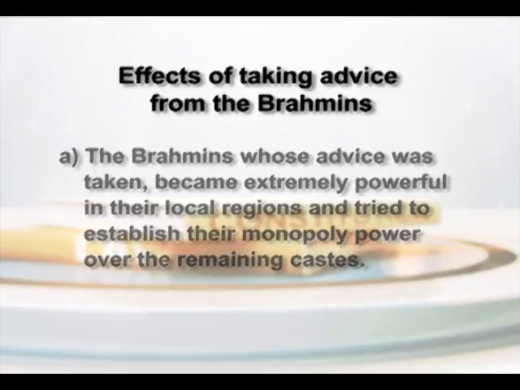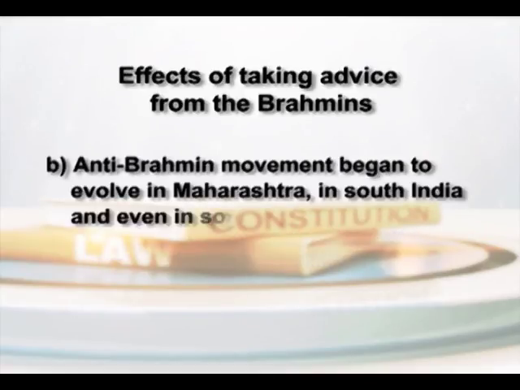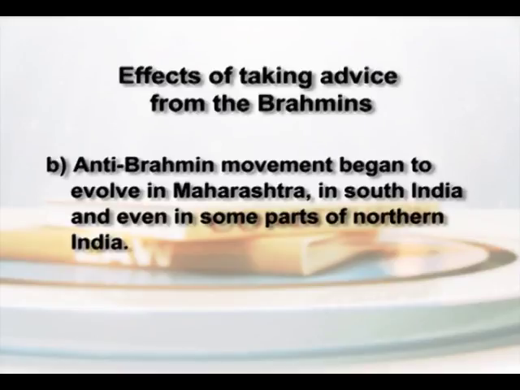And the second reaction was that an anti-Brahmin movement began to evolve in Maharashtra and in South India and even in some parts of northern India. While the anti-Brahmin movement in Maharashtra took the form of Phule and Ambedkarite movements, the anti-Brahmin movement of South India took the form of Dravida Munnetra movement, which is even relevant in today's Indian politics.